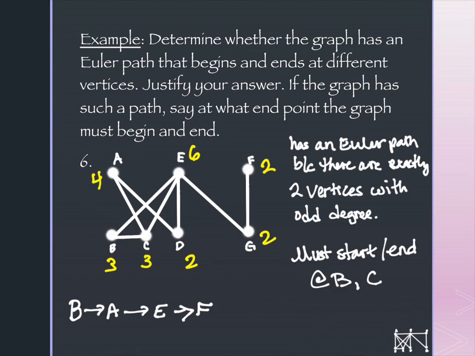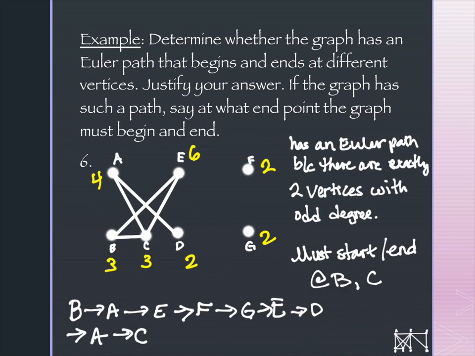F has to go down to G and back to E. All right. Okay, after E, where do you want to go? Do you want to go over to B, down to C, to D, or to A? D. Okay, so E down to D. Now, D doesn't have a choice at that point. We go back up to A, and then A has to come back down to C.